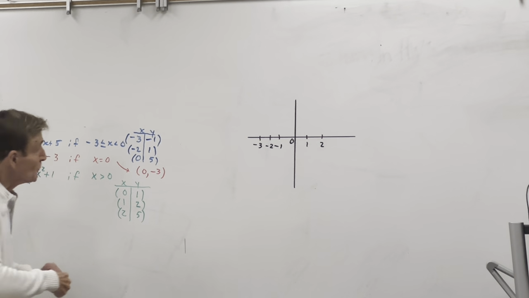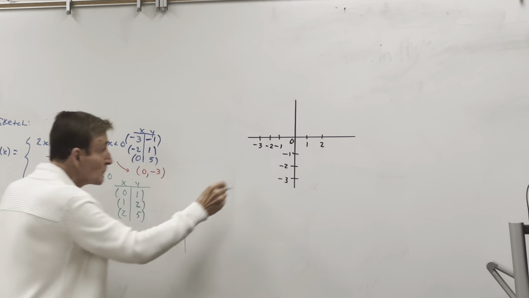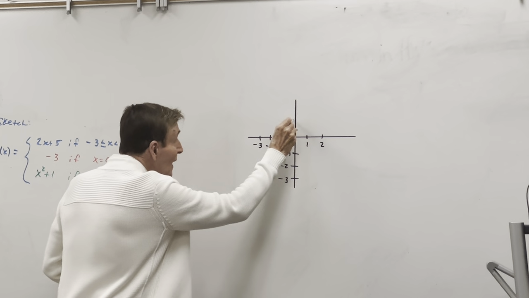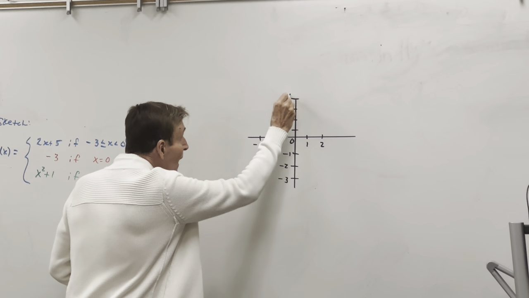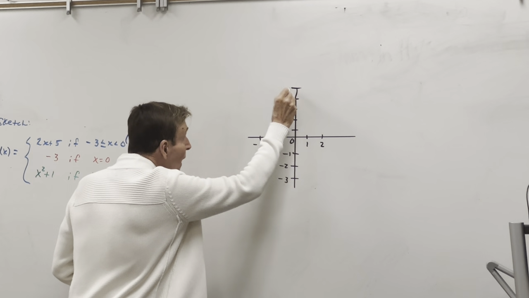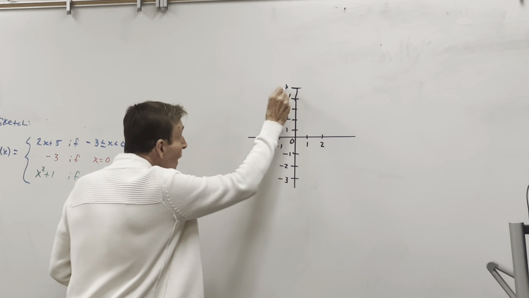Do this. Checking my numbers here. Down here at -3 should be there. Up to 5, up to 1. I gotta see if this is what I got for you.